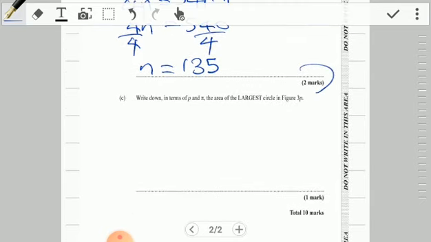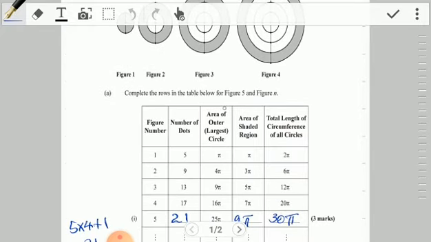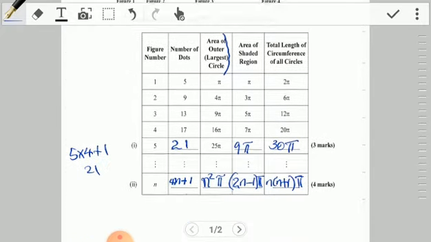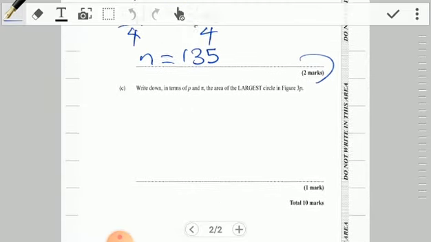Let's go up. Write down in terms of p and pi the area of the largest circle. We found that the area is n squared pi, where n is the figure.